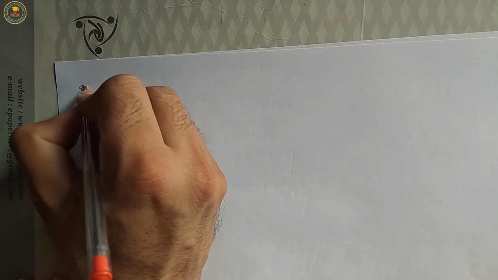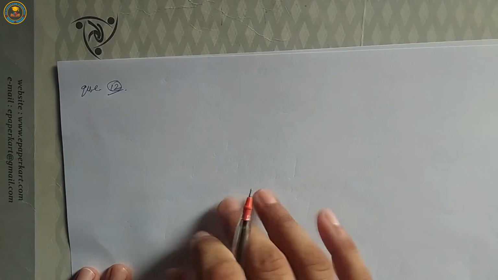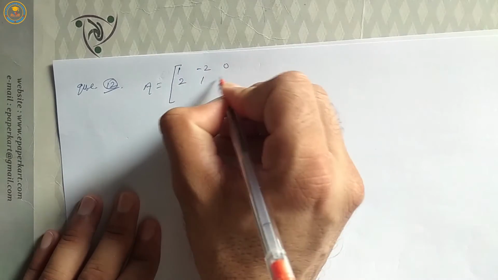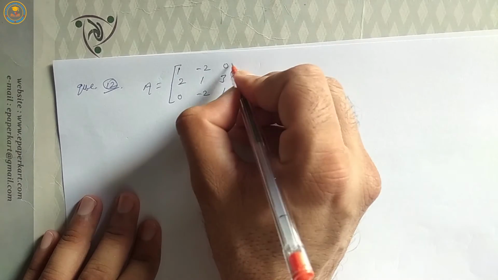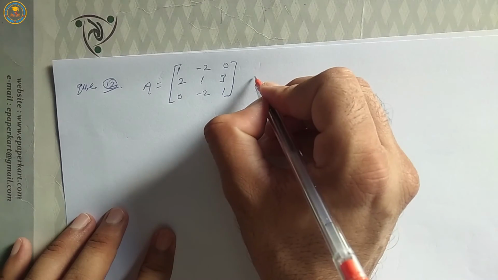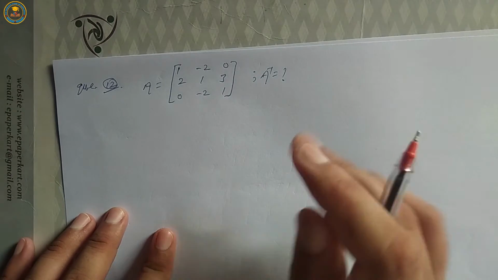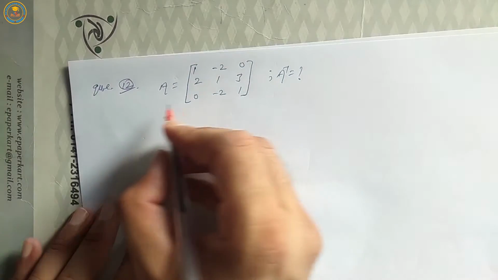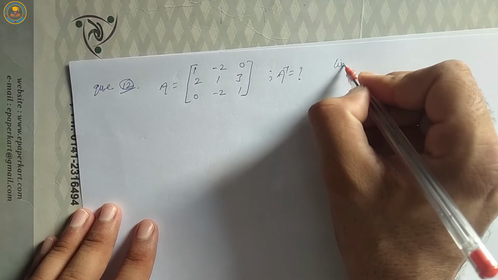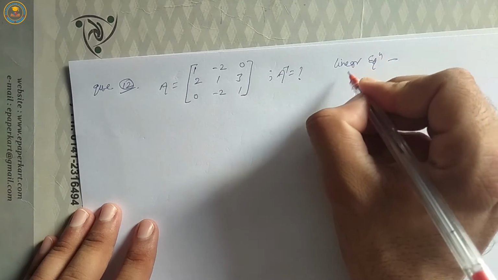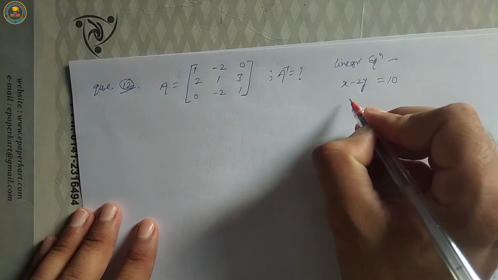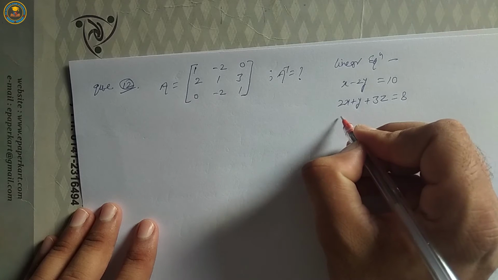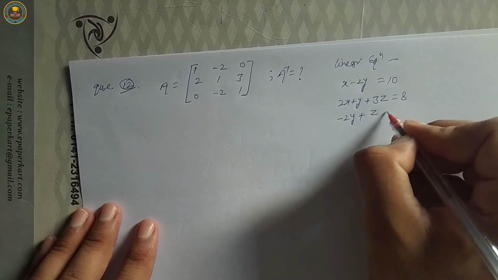Question number 12. If matrix A is equal to 1, minus 2, 0, 2, 1, 3, 0, minus 2, 1, then find the value of A inverse, and solve the following system of linear equations: x minus 2y is equal to 10, 2x plus y plus 3z is equal to 8, minus 2y plus z is equal to 7.